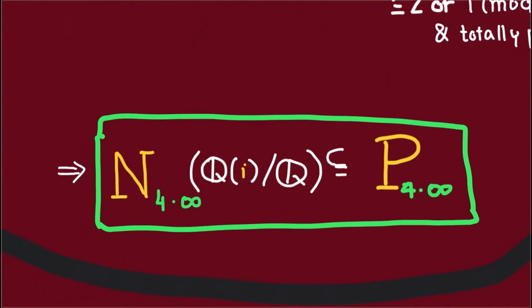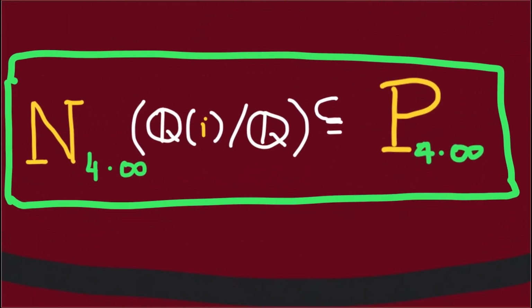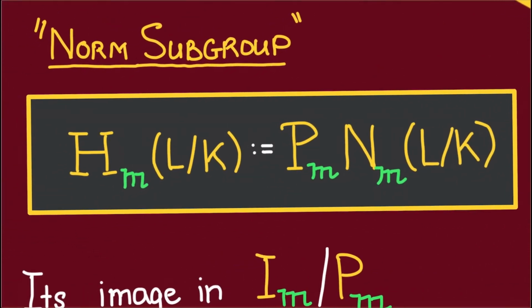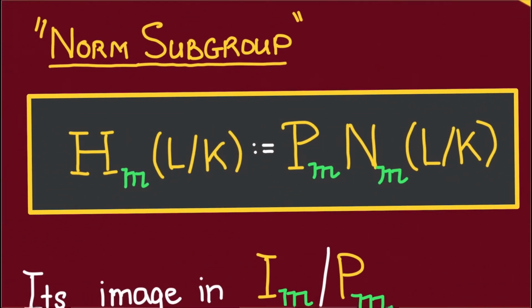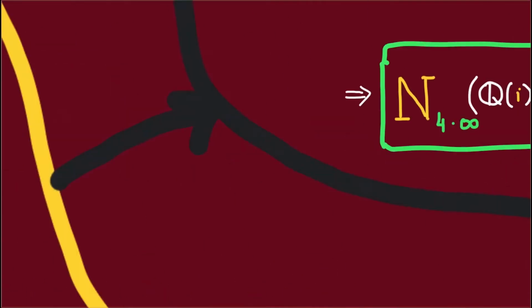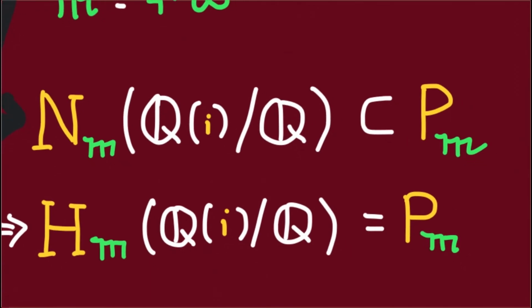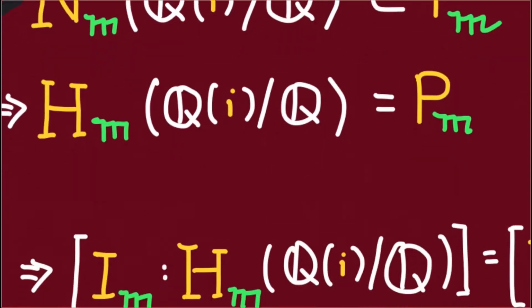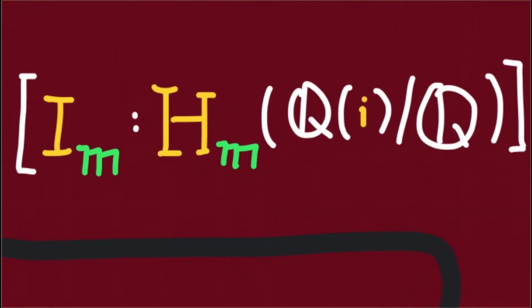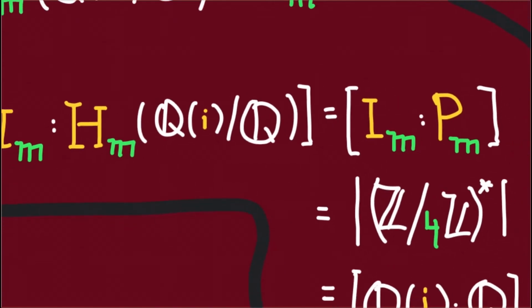Therefore, we get that this norm group here lies inside P_M. Now recall that we defined the corresponding norm ideal group to just be the extension of this norm group by P_M. Thus, since in our case the norm group lies inside P_M, this ideal norm group is going to be equal to P_M. And thus, the index of this norm subgroup inside I_M is just going to be equal to the index of P_M inside I_M.